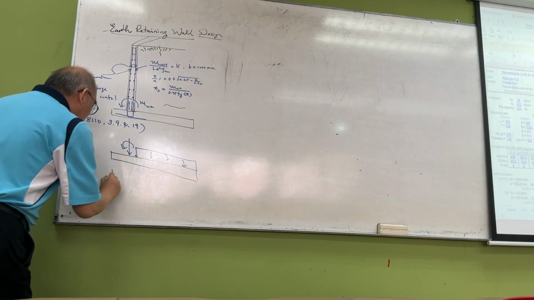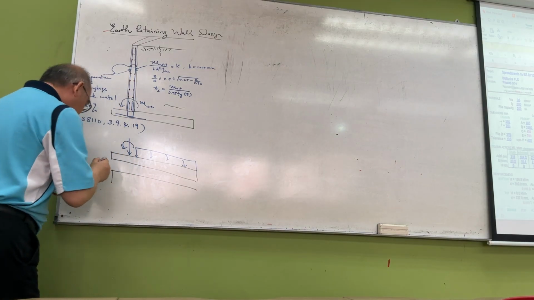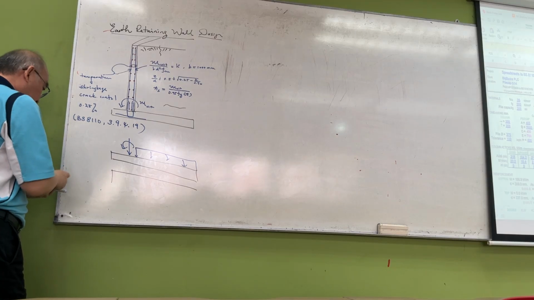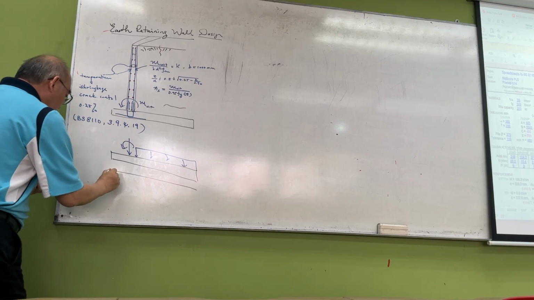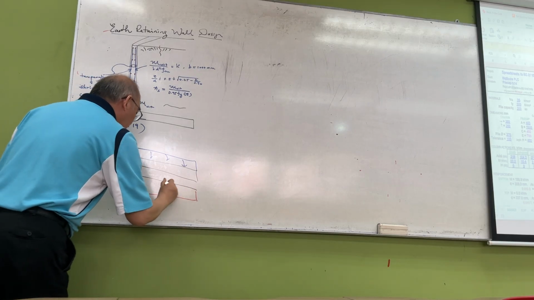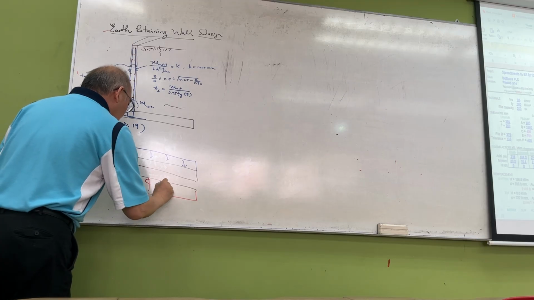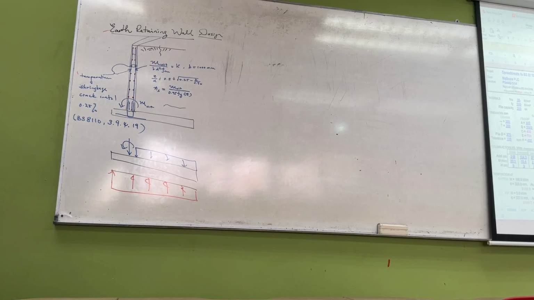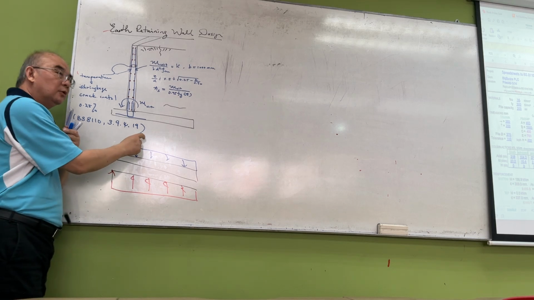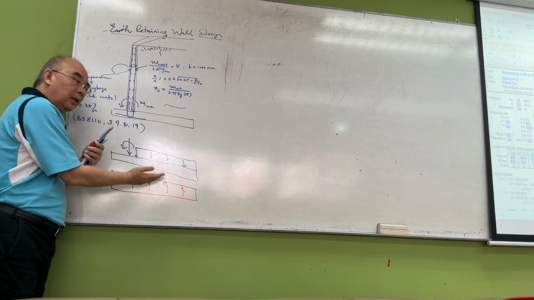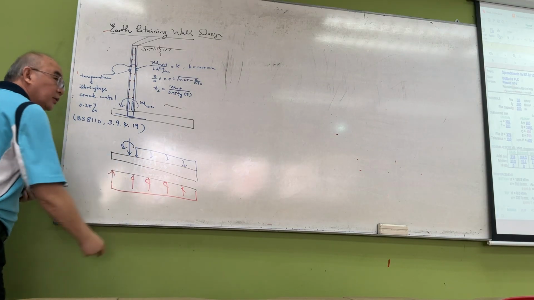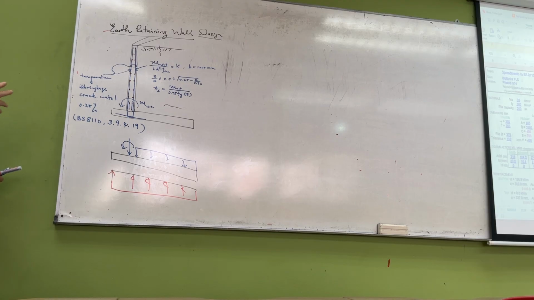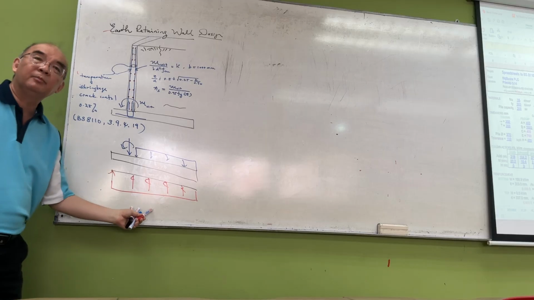So let's say I use a red color to show the loading acting on the top of the slab, and then the soil pressure pushing up on the slab. In this case, this is a trapezoidal soil pressure, and I'm assuming that you have learned how to get this bearing pressure, right?